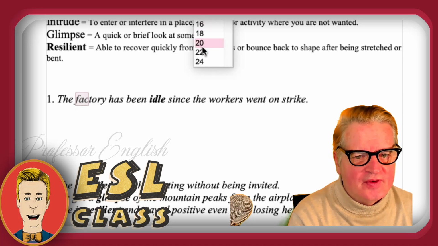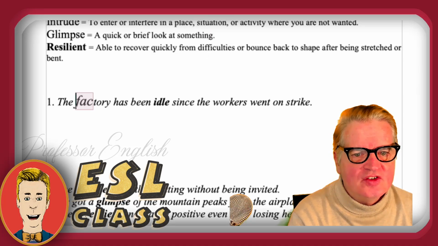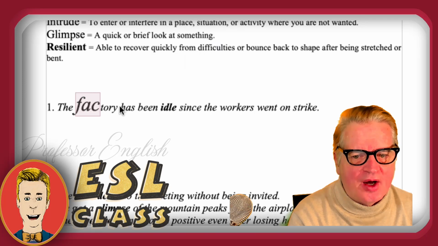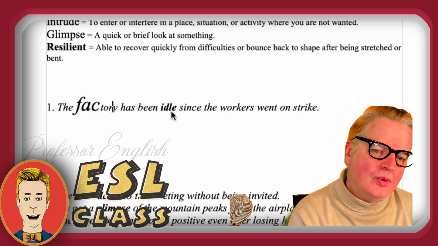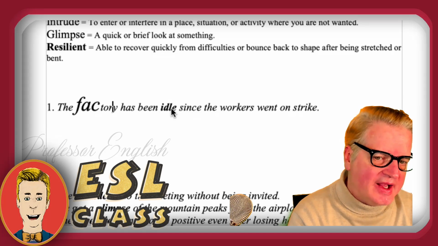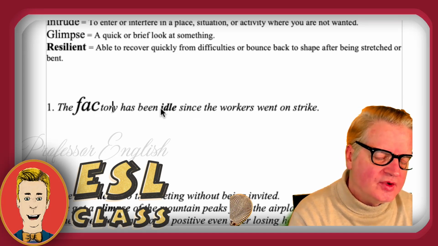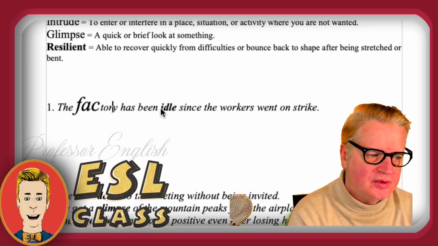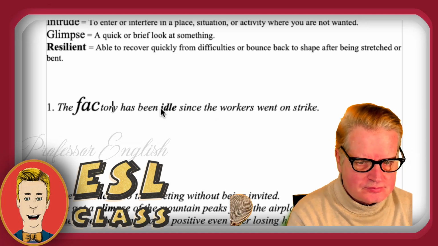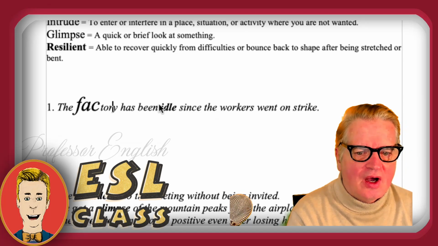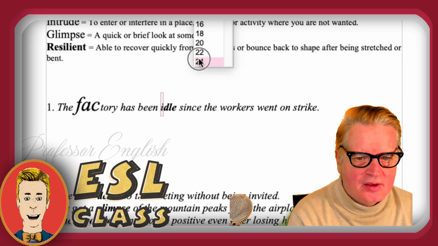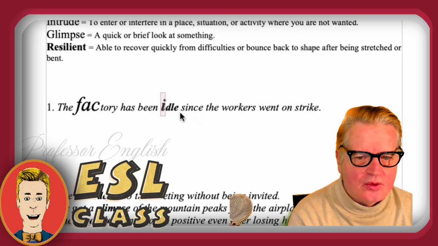That's a really important thing to pay attention to: which syllable has all of the power. How about in the word idle? Which syllable has all of the sound? Idle. The first letter, the first I. Okay. All right. Idle.